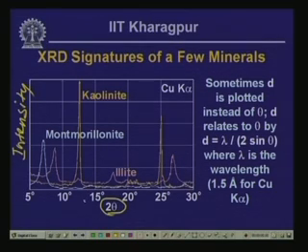For instance, in the case of montmorillonite, you have a peak signal appearing at 12 degrees. Sometimes instead of 2 theta you also could plot a d value, and d converts into theta as shown in that equation there.